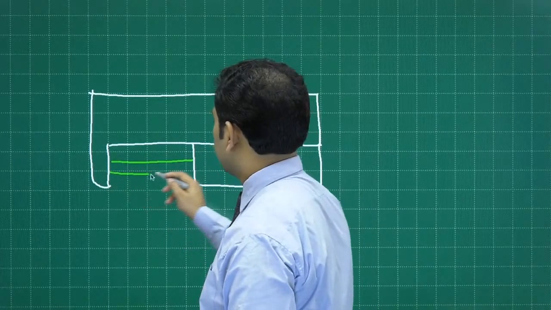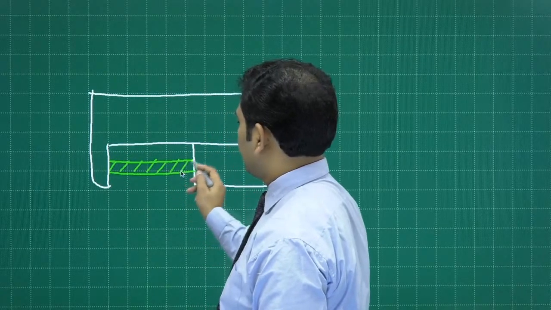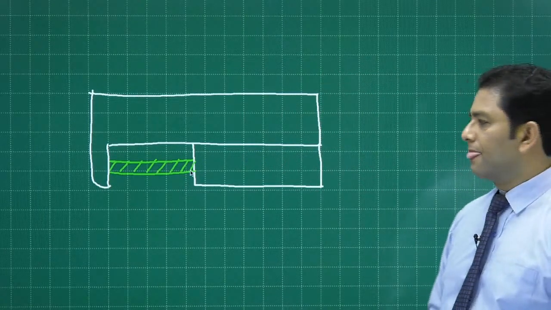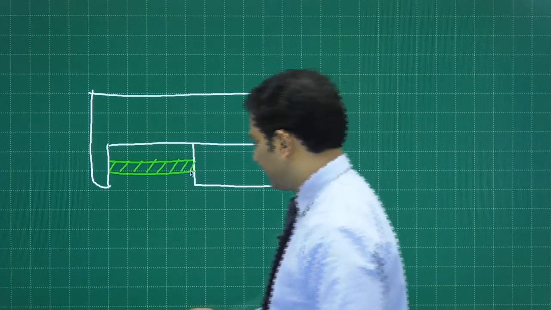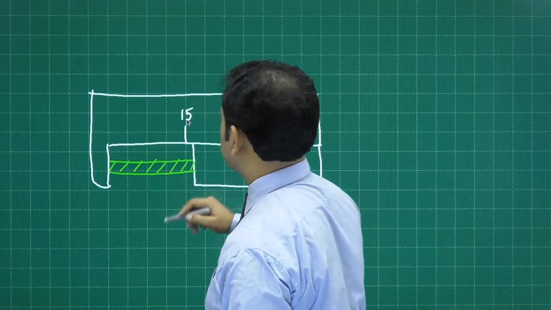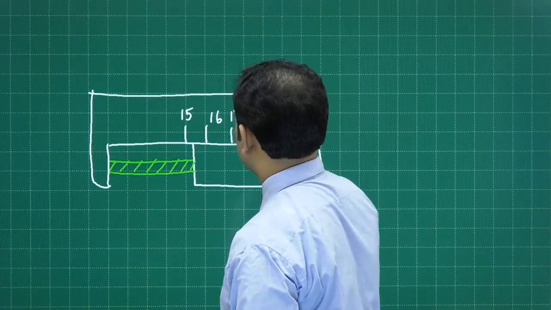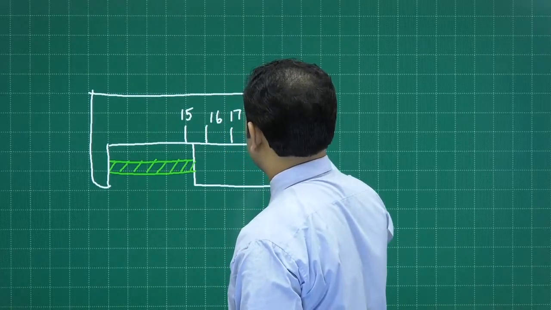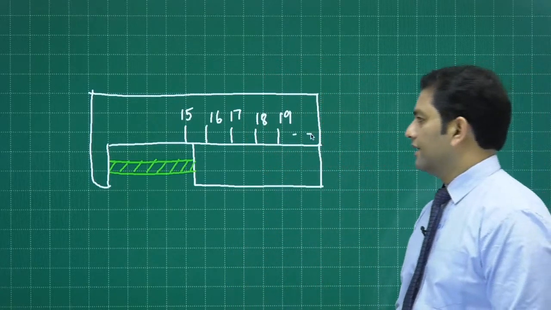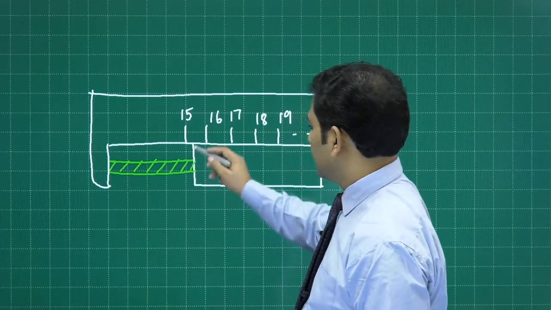The object is kept here. This green color object is the object whose length you would like to find out. And you need to be careful with the measurement part. Say this is 15 on the main scale, this is 16, this is 17, this is 18, this is 19, and so on.